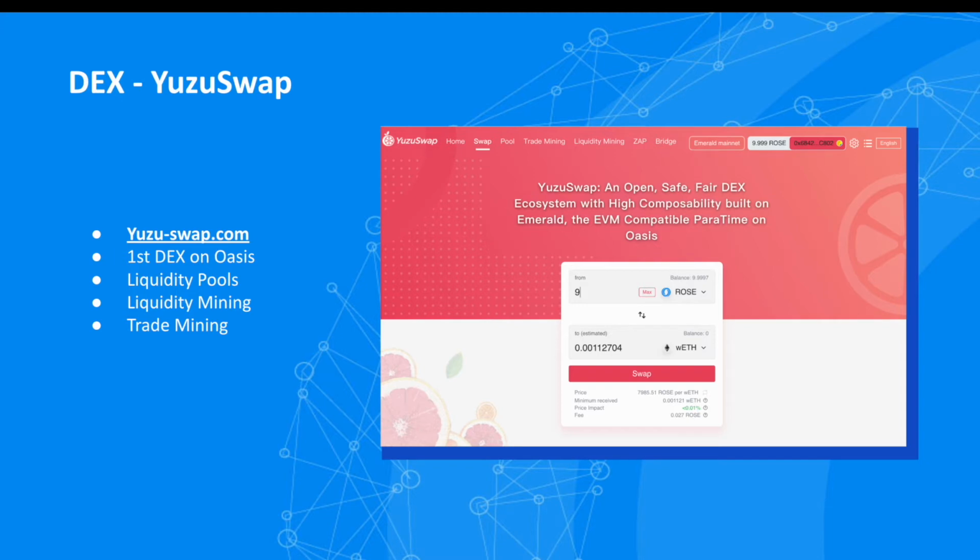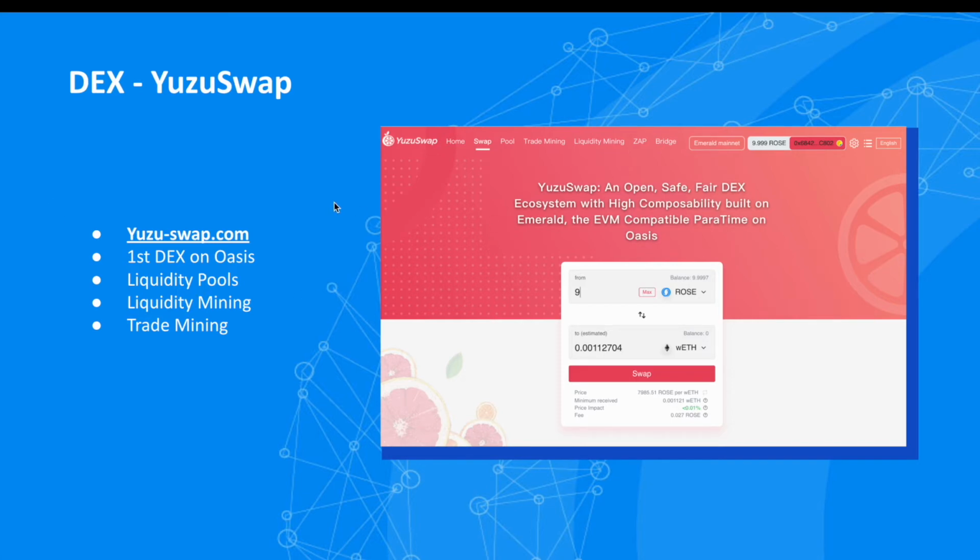On DEXs, that could be a problem if there is not enough liquidity, which means that you will suddenly get a lot less than on a centralized exchange if you're, let's say, swapping between Rose and ETH. So always check the liquidity before you do that.